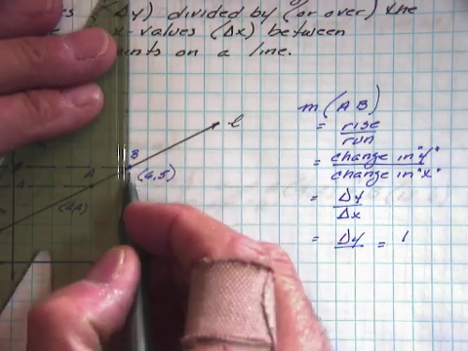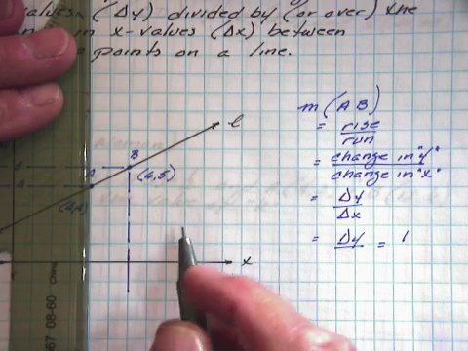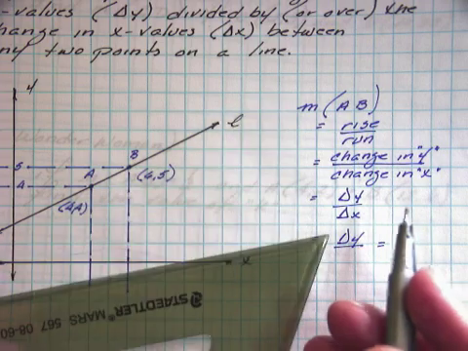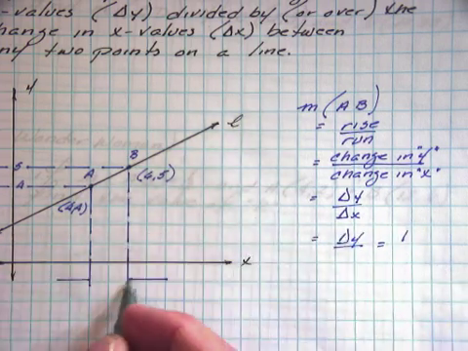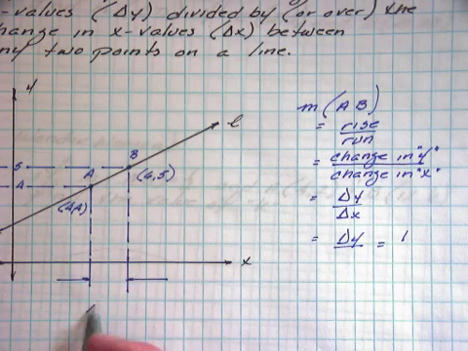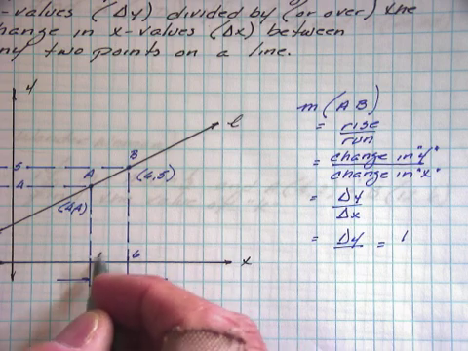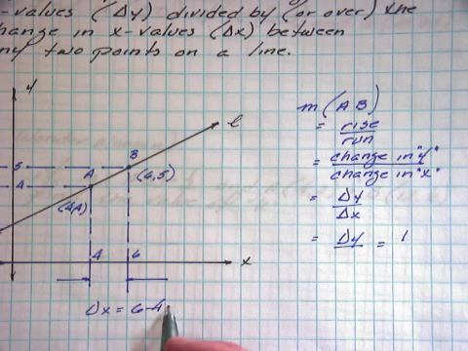And then we can talk about the delta x, which is on the x-axis. That's the run part. So that's going on here. So that's delta x, and it's going from 6 to 4.